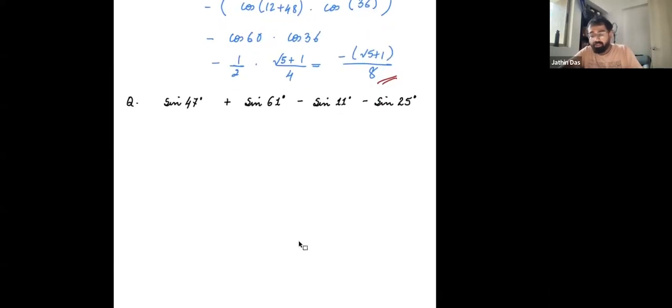Next one. Which one will we combine with which? You can do it any way; it doesn't matter. I think it will come out the same.